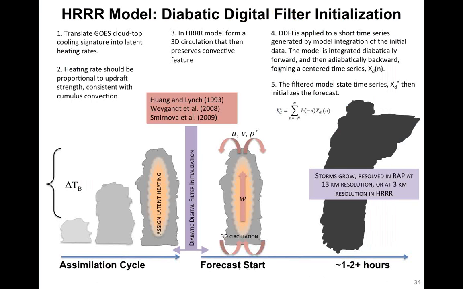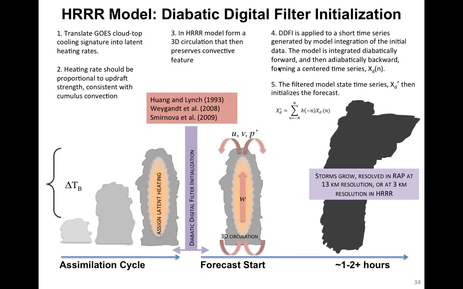Then lastly, we're working with the ESRL people, NOAA ESRL, to try to assimilate these observations into models. This slide, number 34, is kind of busy. It shows this diabatic digital filter initialization, which is what we're testing with the HRRR model.